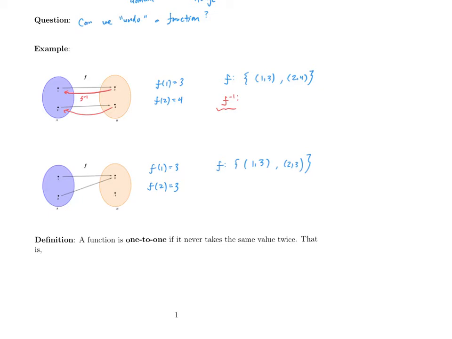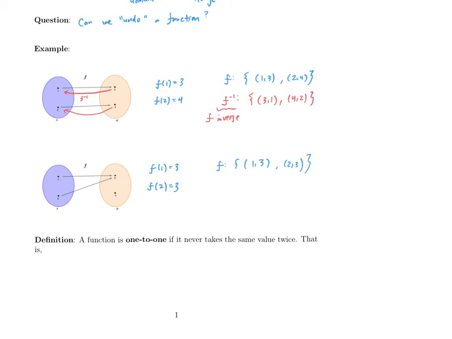Symbolically, it's f raised to the minus 1, but that's not the reciprocal. That's a notation we use for undoing the function f. We could define that in terms of ordered pairs: 3 goes to 1, 4 goes to 2.